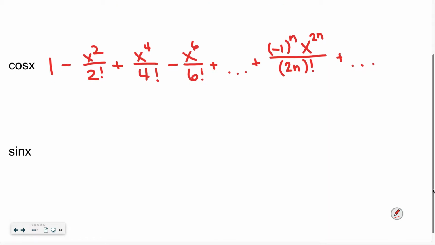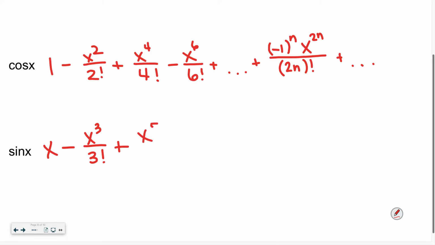Okay, sine of x. Same kind of thing happens, right? But which ones are we going to have? The odds. The sine of 0 is 0, so we don't have a constant term. We take the derivative to get cosine, so we would have 1x. We take that derivative and we have negative sine x. We take that derivative, we have negative cosine.